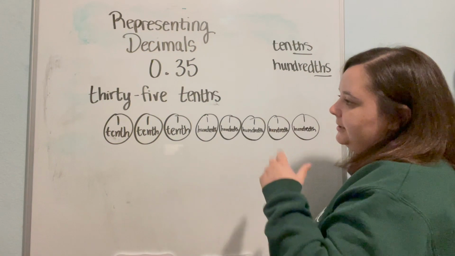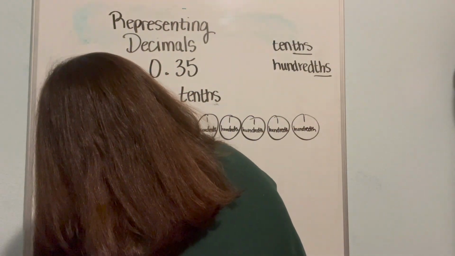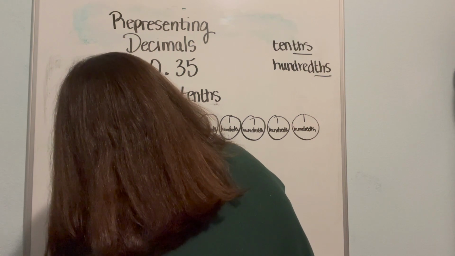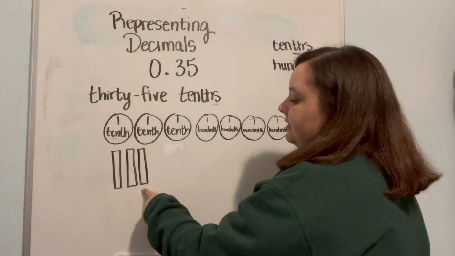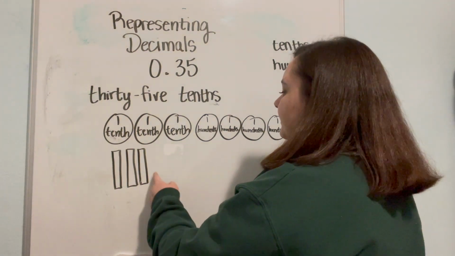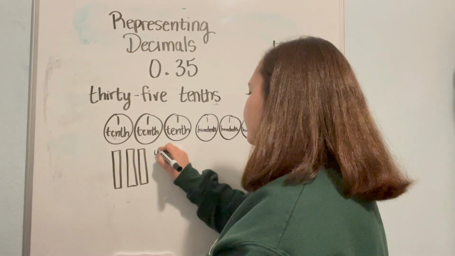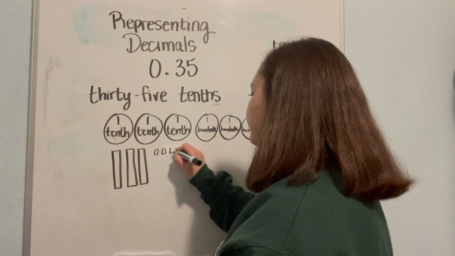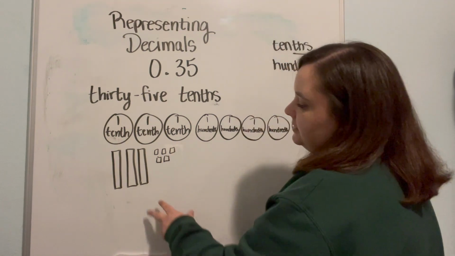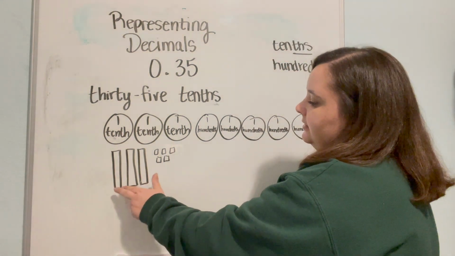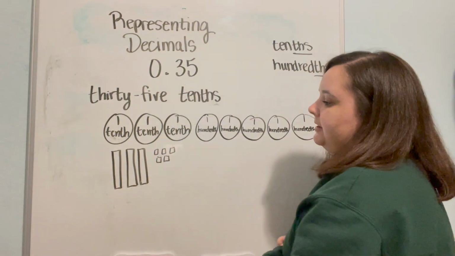So we have 3 tenths here, so those are represented by our tens block, or the rod as it is also called. So here I have my 3 tenths, and then I'm going to represent my hundredths, which is 1, 2, 3, 4, and 5. So here I have represented 3 tenths and 5 hundredths, which together is our 35 hundredths.